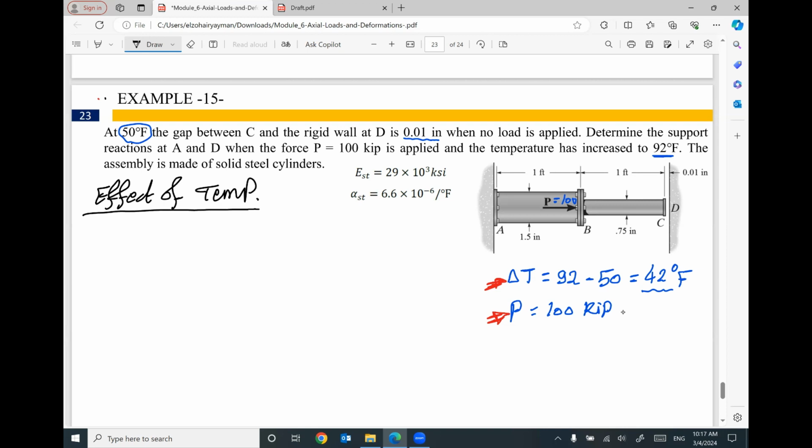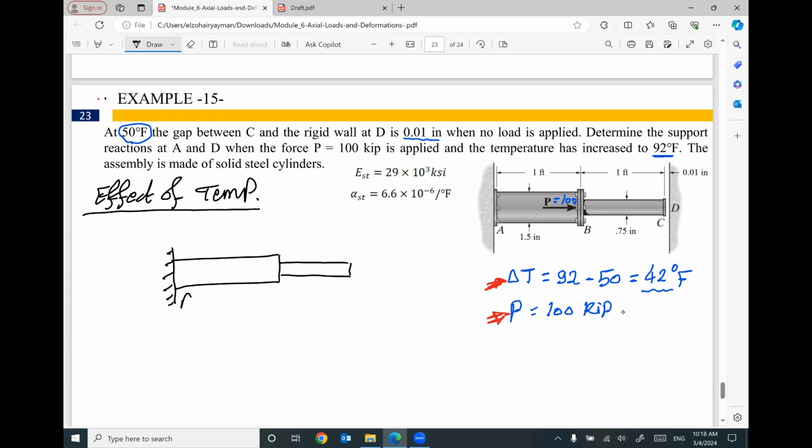First of all, I would like to make sure the end C will hit the wall at D. So this assembly, I'm going to assume it free.